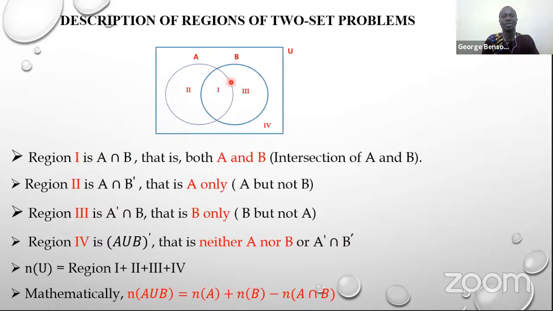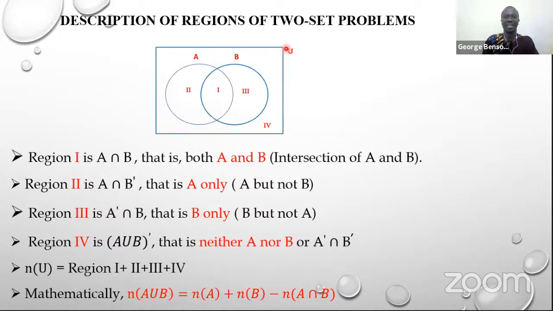the two-set problem. Normally, when we are given two-set problems, we use the Venn diagram to represent it. As you can see on your screen, we have a set A, and this is the boundary of the set A. Then we have a set B. This circle is representing the set A, and this circle is representing the set B. When we are using a Venn diagram, we normally put the sets in circles identified by a letter on top.